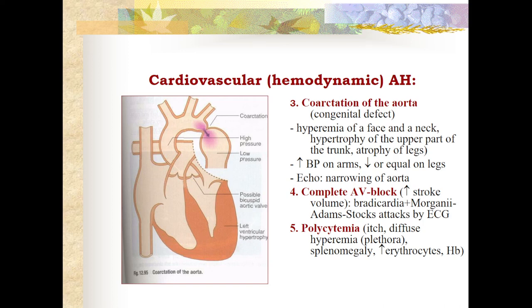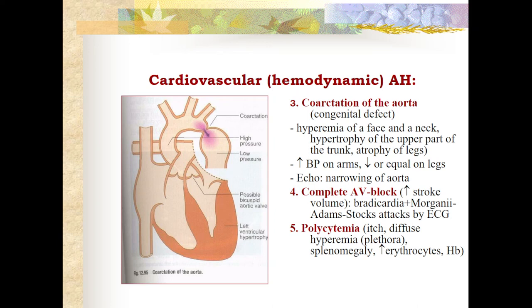Blood pressure is increased on the arms and decreased on the legs. Normally, blood pressure in the lower extremities is higher than in the upper extremities by 20 to 30 millimeters of mercury; in coarctation of the aorta, it is the opposite. For verification of diagnosis, we use echocardiography and Doppler, and can reveal narrowing of the aorta.